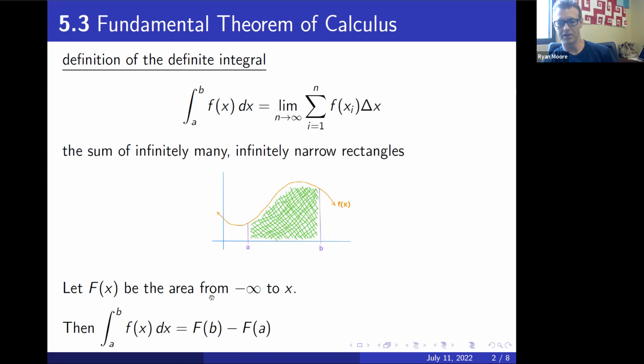It's all of the area, and for capital F of b, all of the infinite area up to b, but then we subtract all of the infinite area up to a. If we subtract those, what's left? Just the area between a and b. We'd be left with exactly what we want.